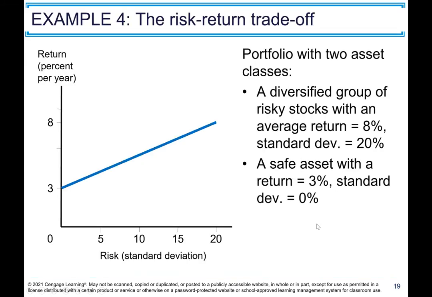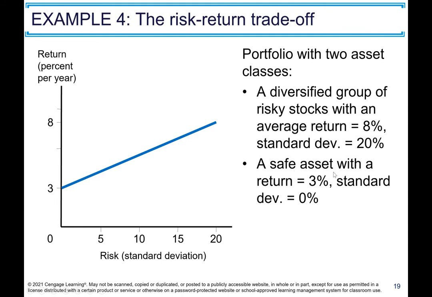Example 4, the risk-return trade-off. In this graph, the percent return is measured on the vertical axis and the risk, or the standard deviation, is measured on the horizontal axis. Portfolio with two assets. Number A, a diversified group of risky stocks with an average return of 8% with a standard deviation of 20.